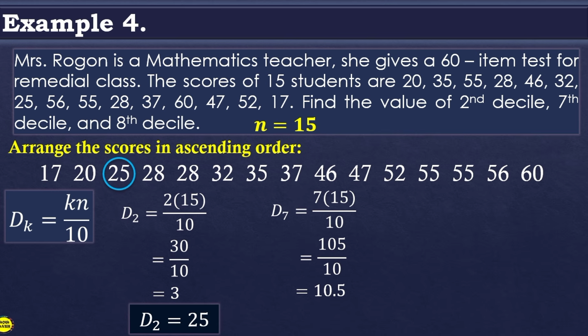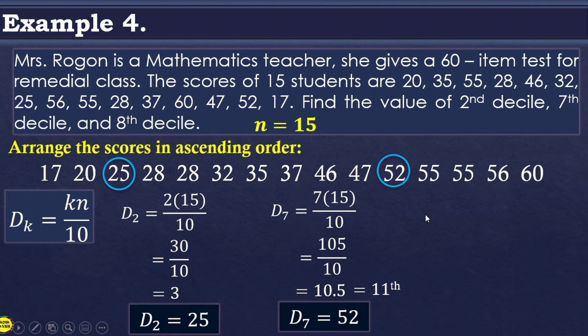Since 10.5 ito, magiging 11 na. So, yung 7th decile natin ay nasa pang 11th element or pang 11th data sa given. So, bilang tayo. 1, 2, 3, 4, 5, 6, 7, 8, 9, 10, 11. So, ibig sabihin, yung 7th decile is equal to 52.